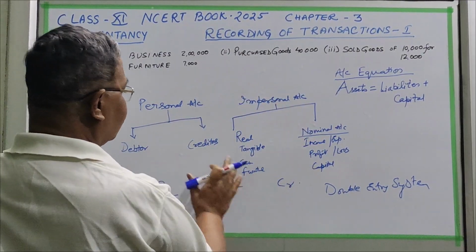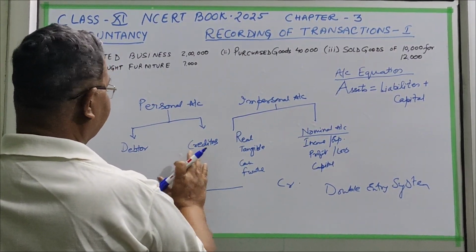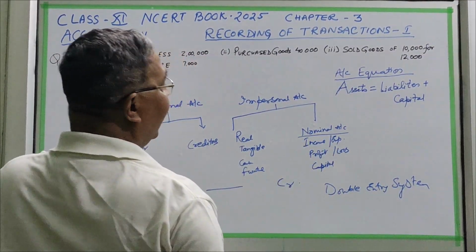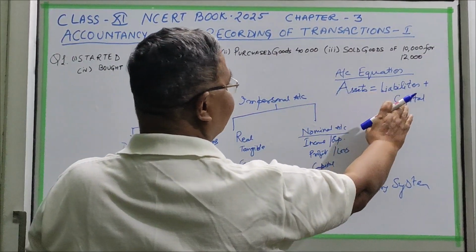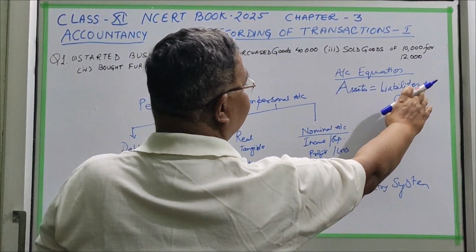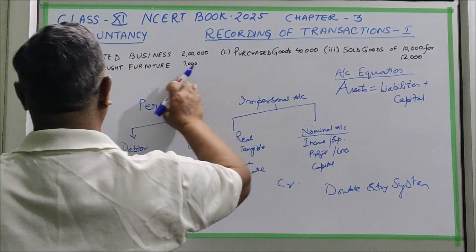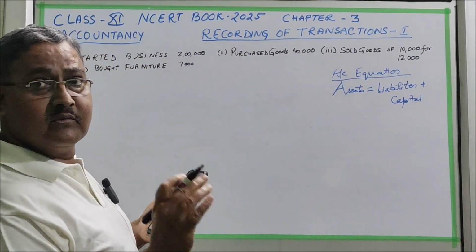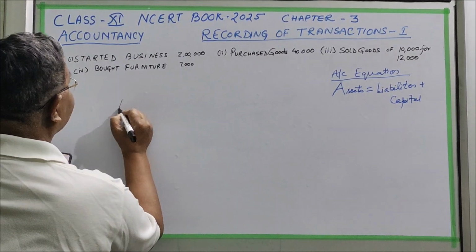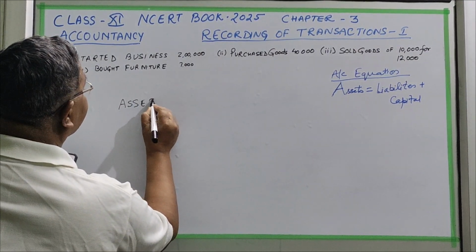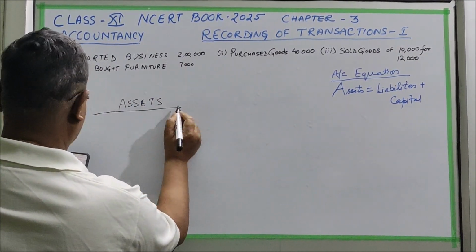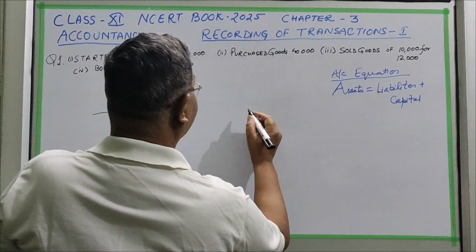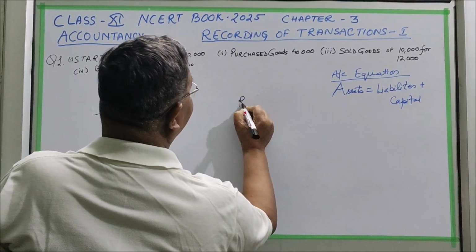Whatever accounts we are having, we will make it in debtors, creditors, tangible, cash, furniture, or like this, and then we will go to our accounting equation, assets equal to capital plus liability, and then we will solve our first question. So now we have seen we have some assets. Then we have our profit, income and expenditure accounts.